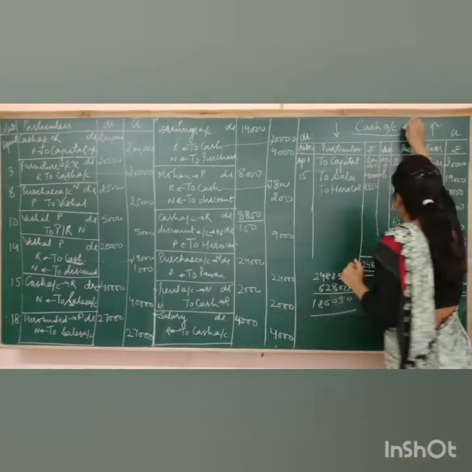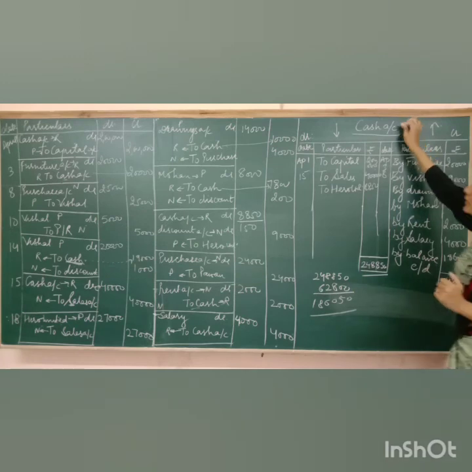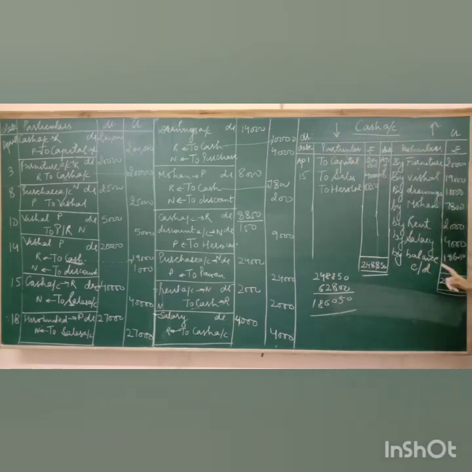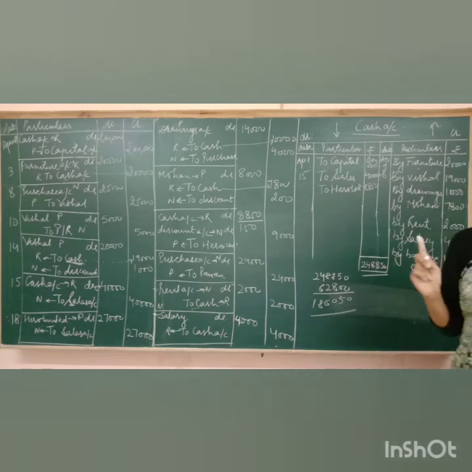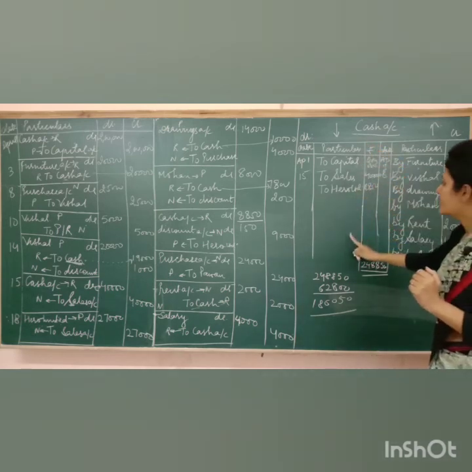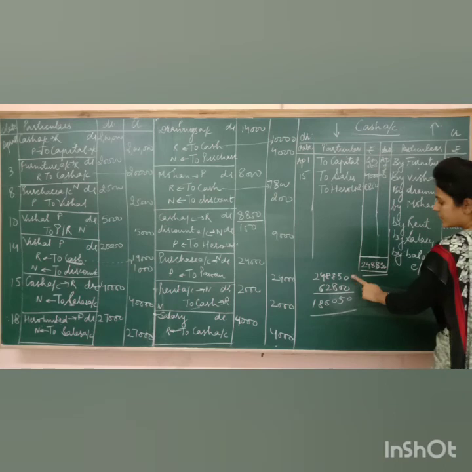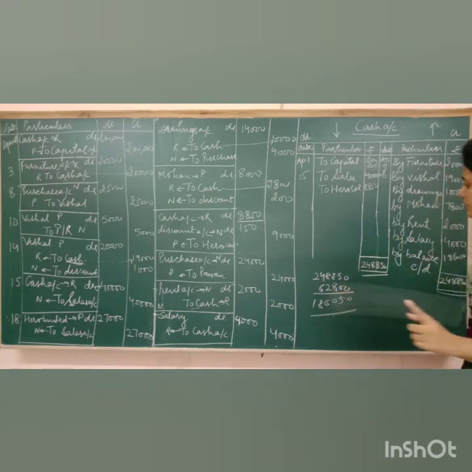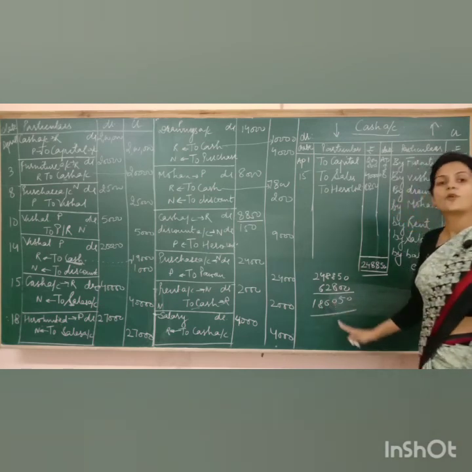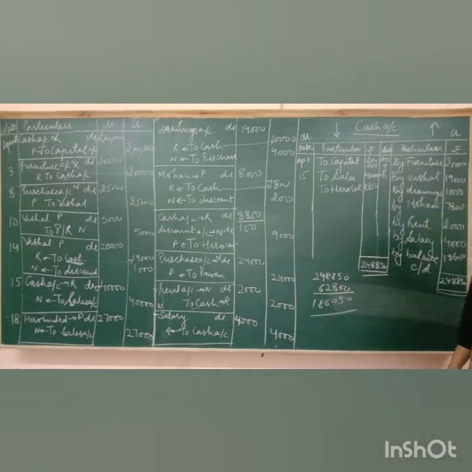That cash account has a debit balance of 1,86,050. क्या बोलेंगे इसे? We'll call it as cash account is having a debit balance of 1,86,050 and this 1,86,050 is cash in hand because this much cash has come into the business. Out of 2,48,000 we have spent 62,800, so we are left with 1,86,050 rupees. It means this is cash in hand.